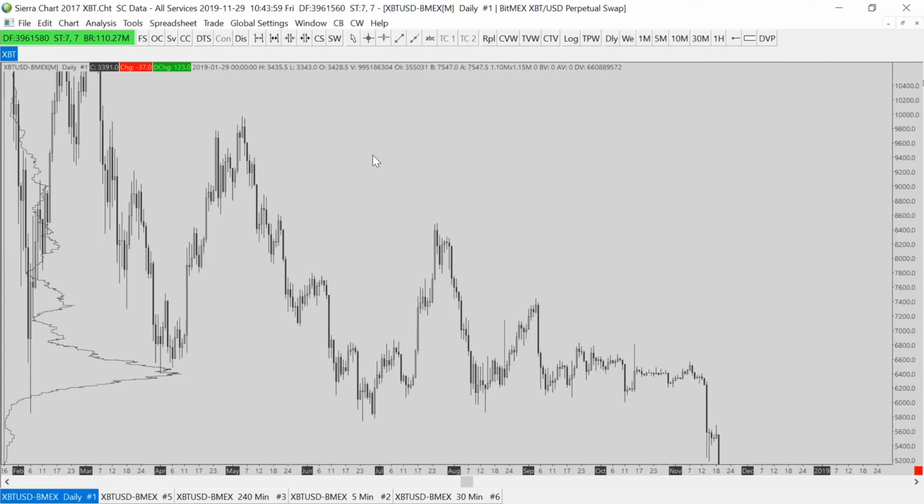Other times, of course, a spike like this is just the result of shorts covering, and so there's unlikely to be any real follow through.